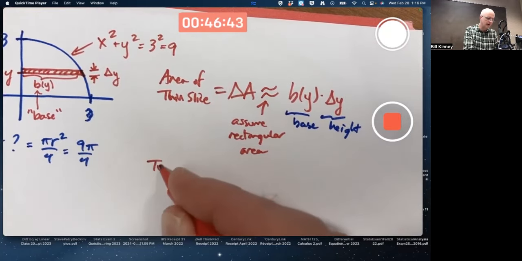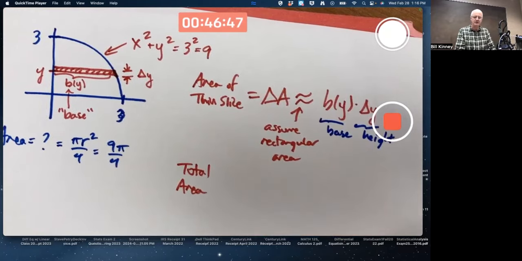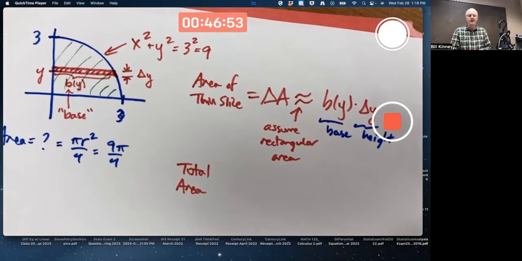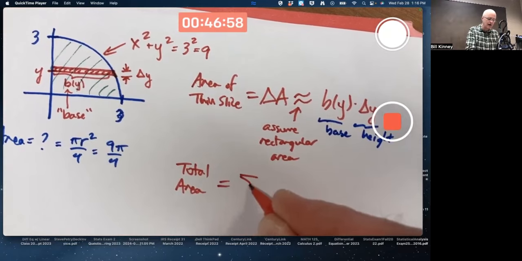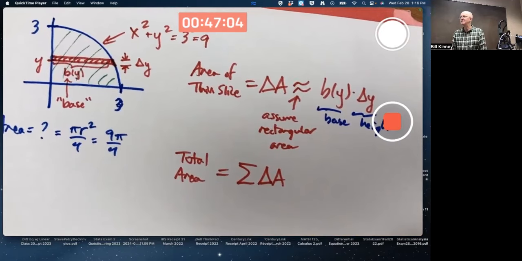The total area of the entire region, the entire quarter circle, could be thought of as a sum of the little areas, delta A. So I wrote a capital sigma for summation.